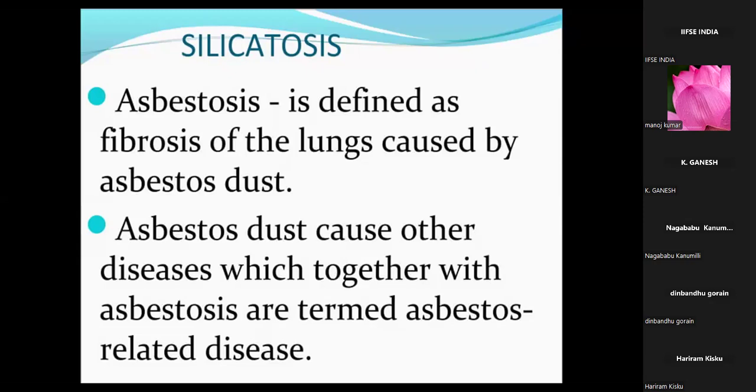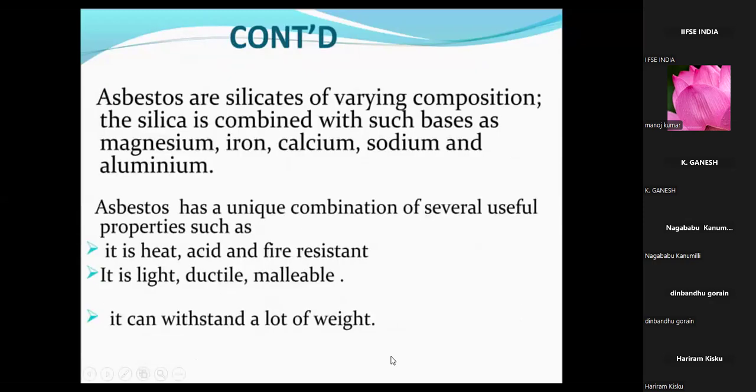But in previous years, even the roofs of some houses were made with asbestos sheet because it was more economical for people to afford. But now it has been replaced by other sources.